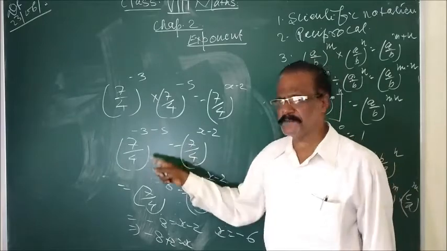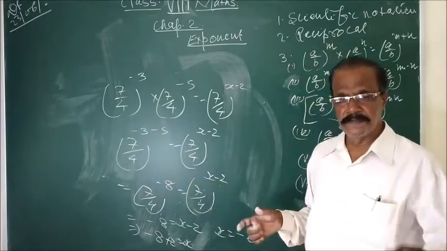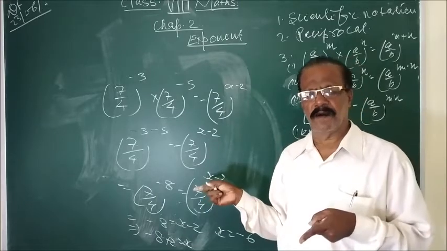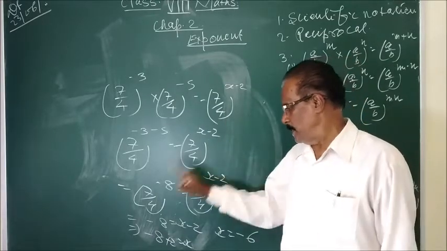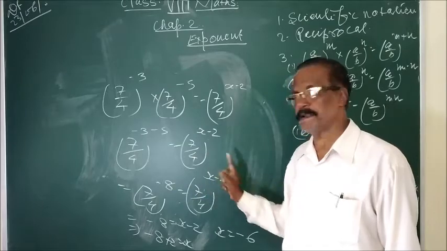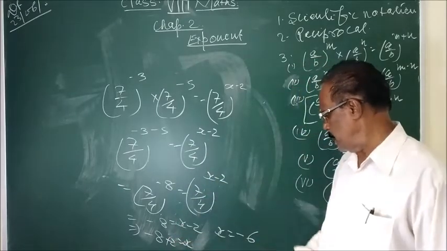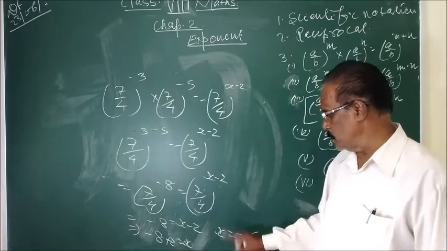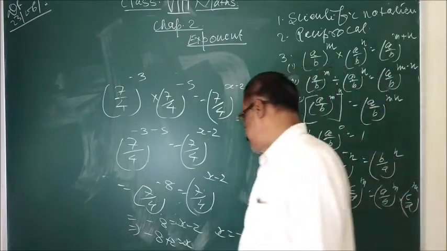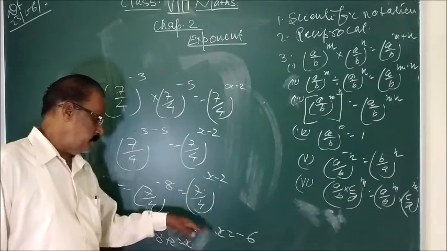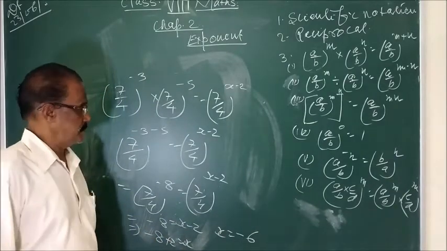Now what do you observe? We observe the bases on both sides are equal, and therefore the bases will be cancelled, powers will be equal. Minus 8 is equal to x minus 2, and on transferring minus 2 from right to left, and on simplifying you are getting x is equal to minus 6.